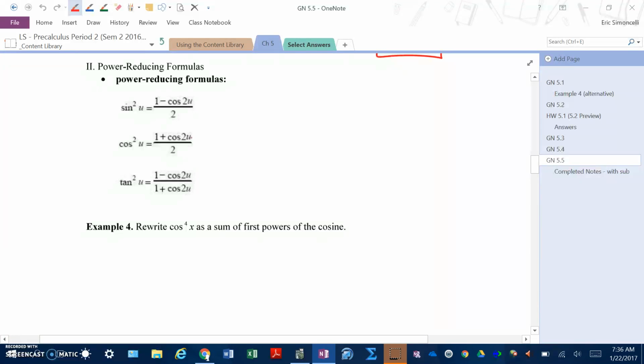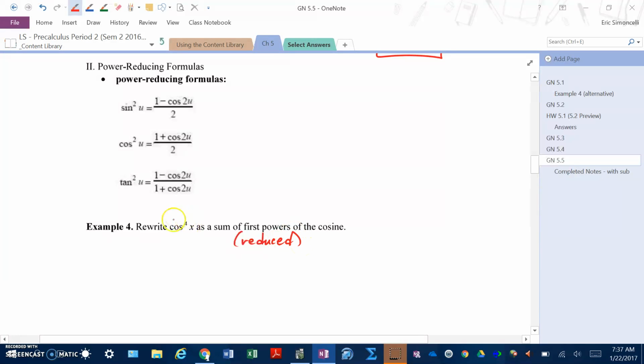Example 4. So what we're going to do is rewrite cosine to the fourth as a sum of first powers of the cosine. This will also, in some instances, be referred to as reduced first powers. Okay, so I'll note that.